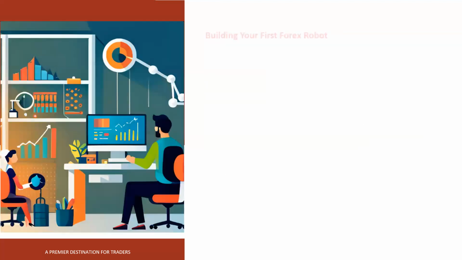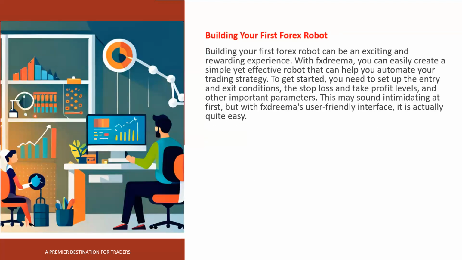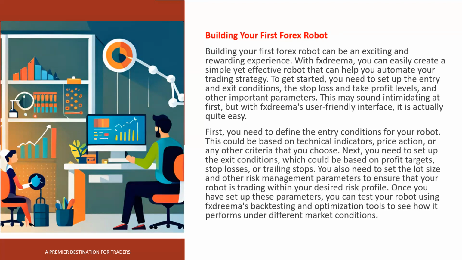Okay. So when it comes to building your first robots, one of the most important things is the logic behind your trades. You need to define your entry and exit conditions, stop loss, take profits, and how you want a dynamic stop loss or thereabouts. What are the requirements your EA or bot needs to look out for to open or close positions?